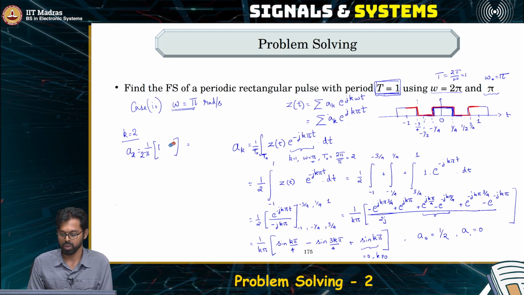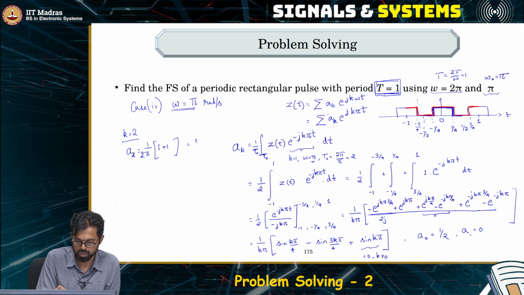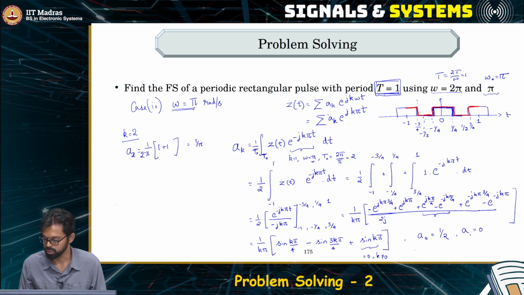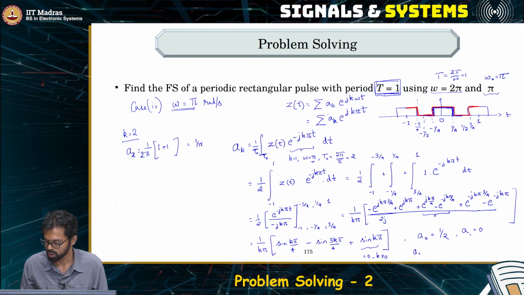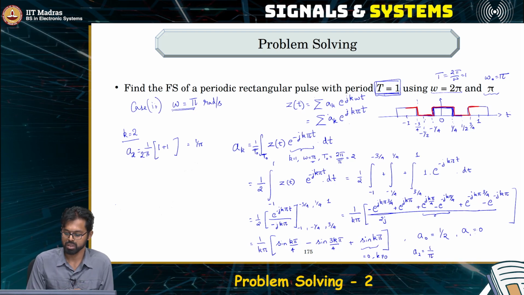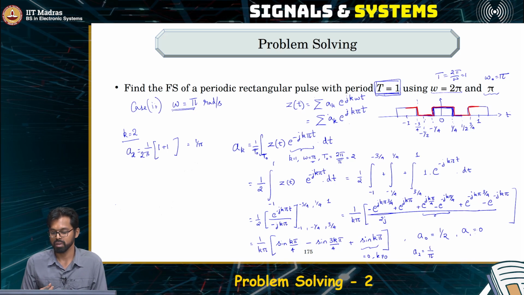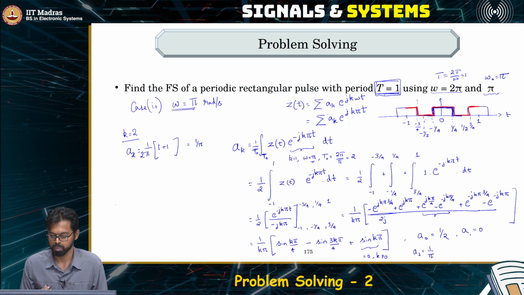Sine 3 pi by 2 is minus 1. So minus of minus 1 gives us plus 1. This gives us 1 by 2. So in this case, we have A2 to be equal to 1 by pi. Okay, which makes sense because A2 corresponds to k pi, where k is 2.